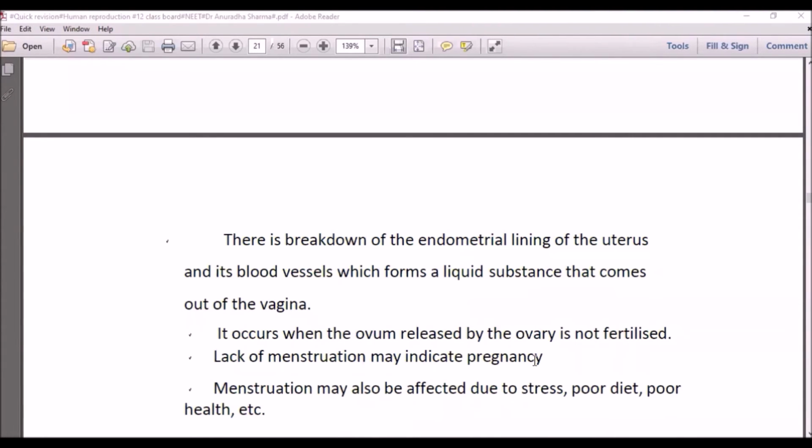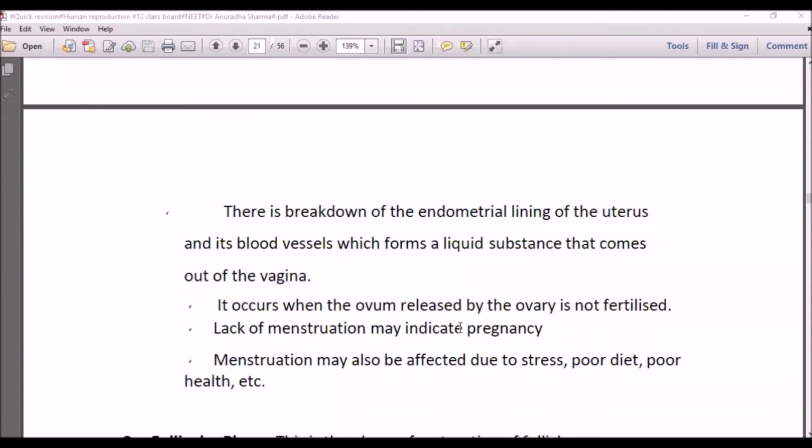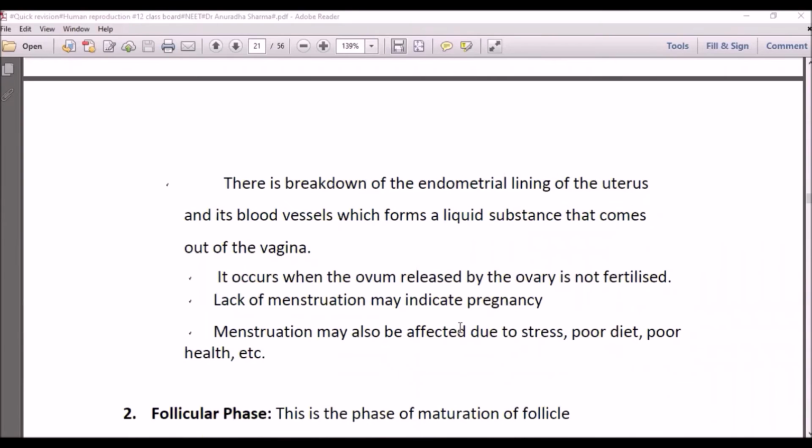That means there is no fertilization. The ovum has been released, but it has not been fertilized. So it will result in the discharge of this blood. Now, lack of menstruation may indicate pregnancy. If there is no menstruation, it means the person is pregnant because the endometrium is thickened.